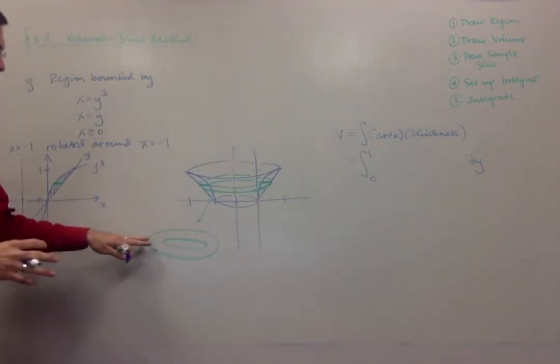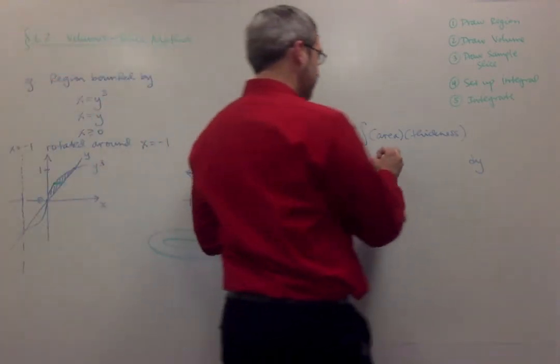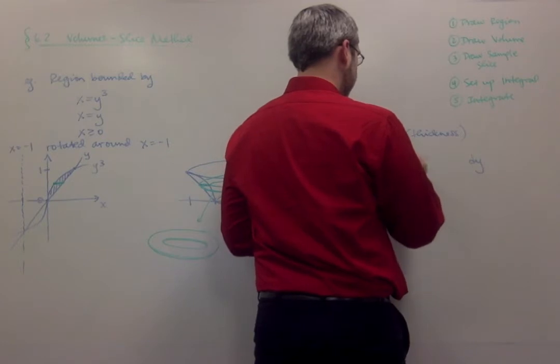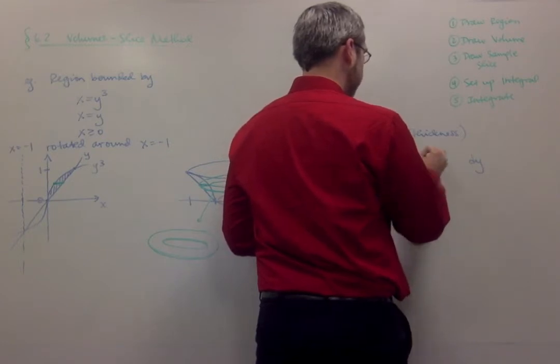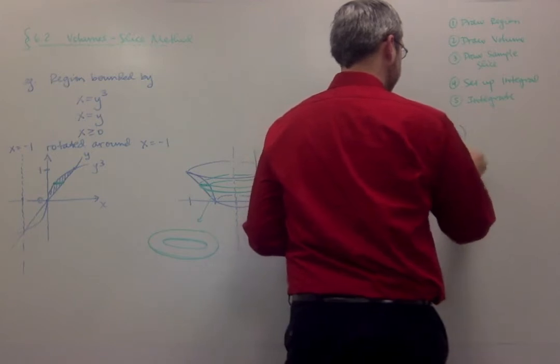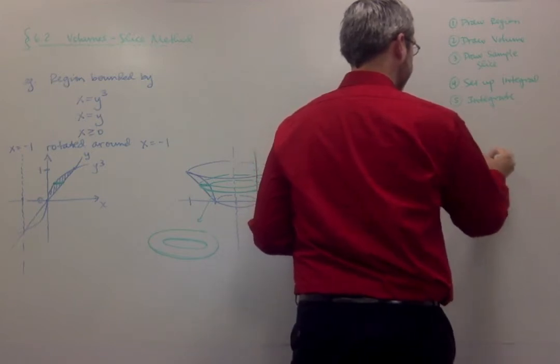And because this is a washer, the area is going to be pi times the big radius squared minus pi times the little radius squared.